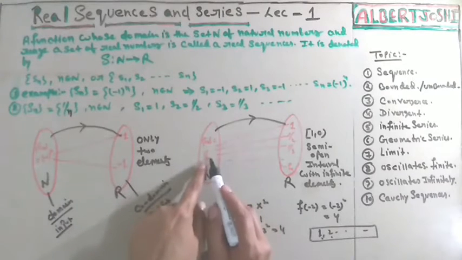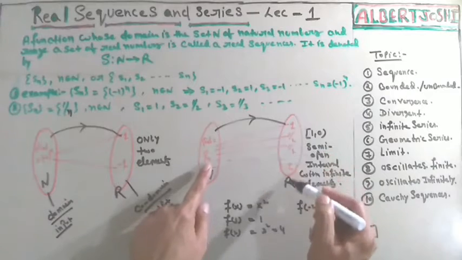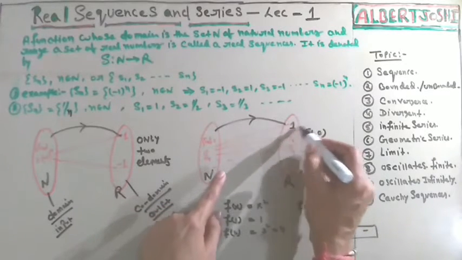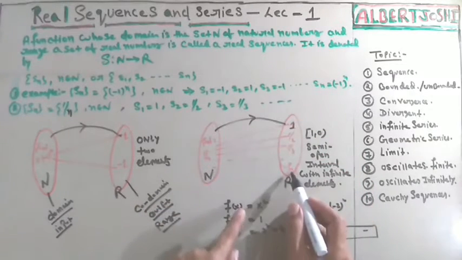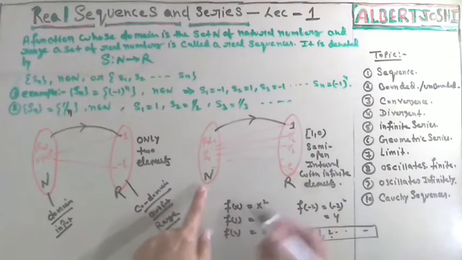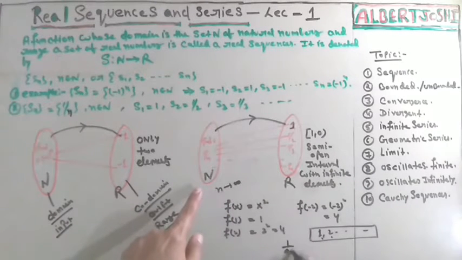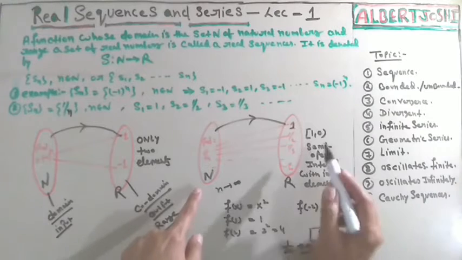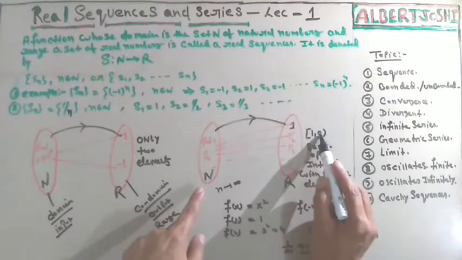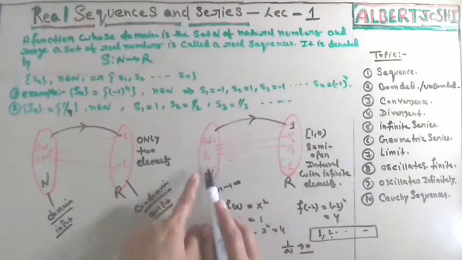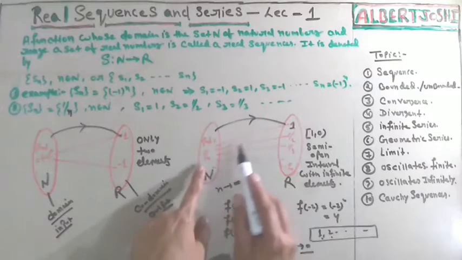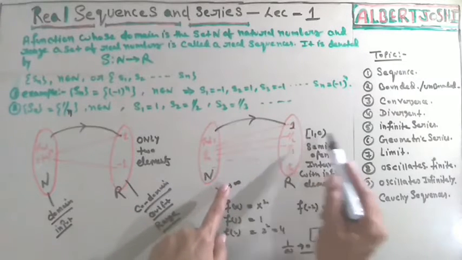But here, if you put different values for n, you get different outputs. The first value is 1, then 1/2, 1/3, and so on up to 1/n. As n tends to infinity, 1 upon infinity converges to 0. If n goes to infinity, then this function converges to 0.